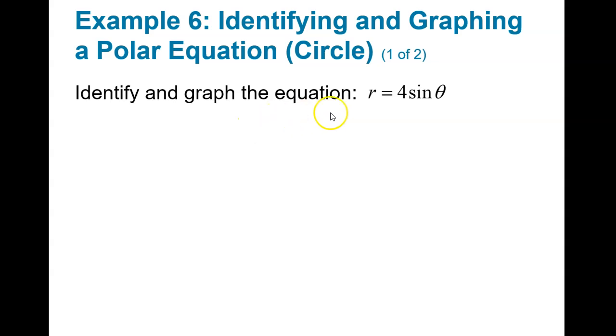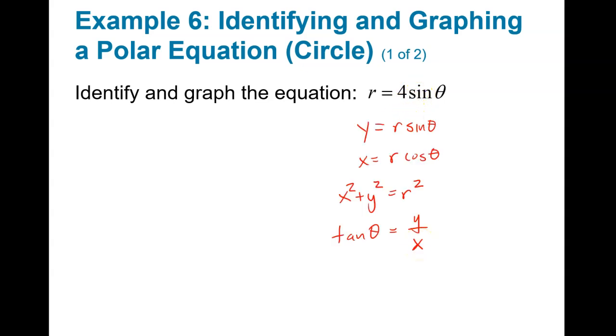Well, what we want to try to do is get r sine theta, r cosine theta, r squared, tangent theta into these equations. We want to try to get these things to show up in the expression so we can replace them with stuff that's not in polar, the rectangular stuff.